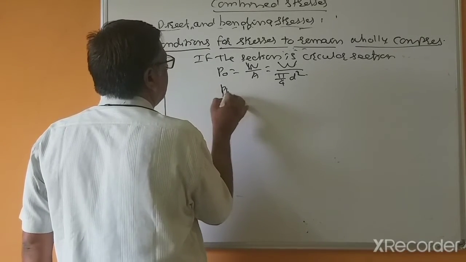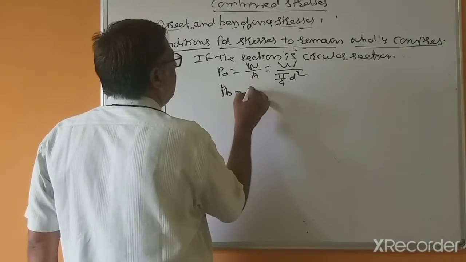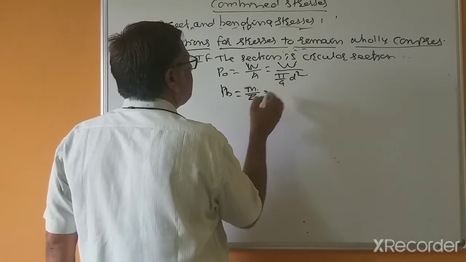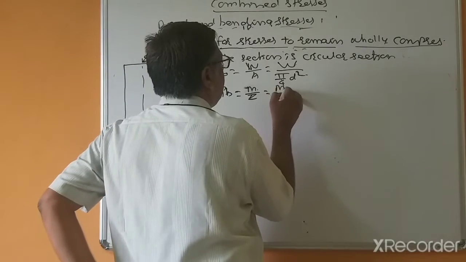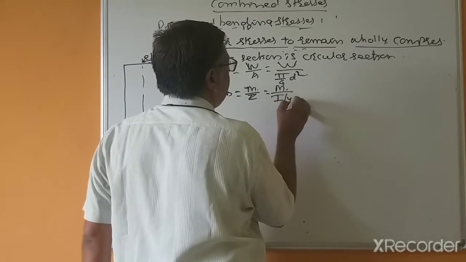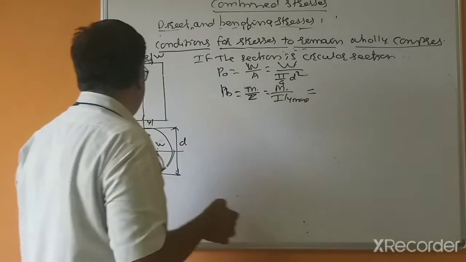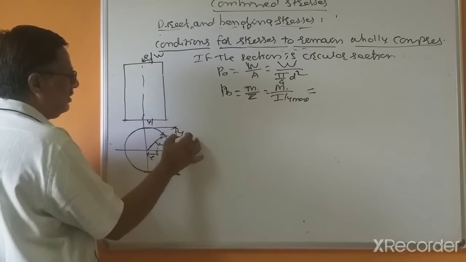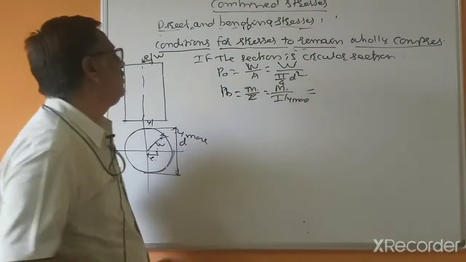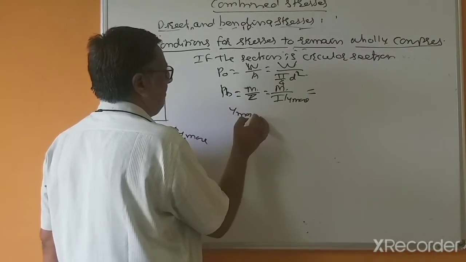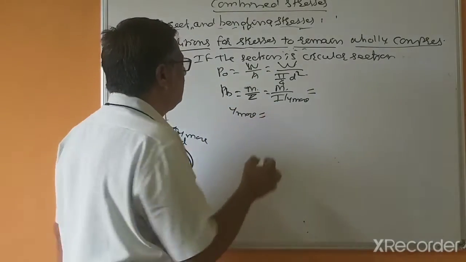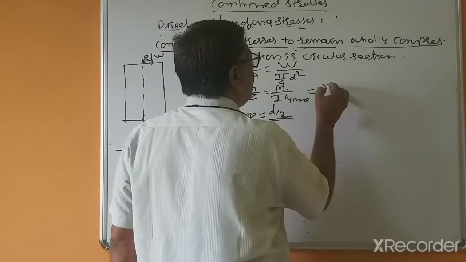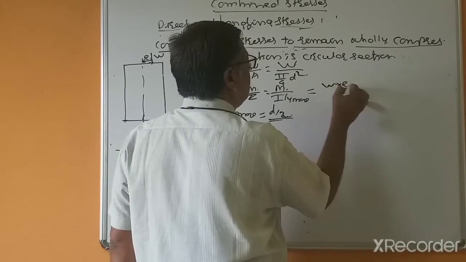And PB is equal to M divided by Z, or M divided by I divided by Y max. In this case Y max is, because this is circular, D divided by 2. So we can write this as W into E.